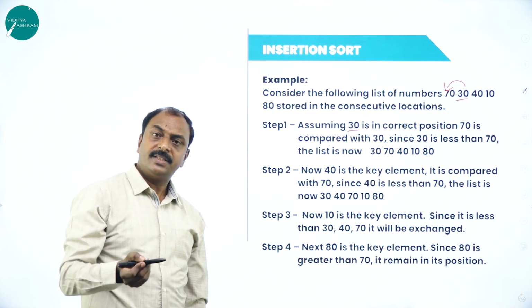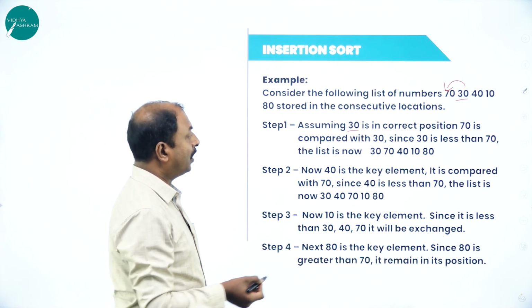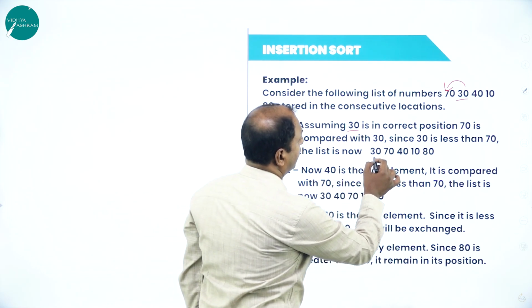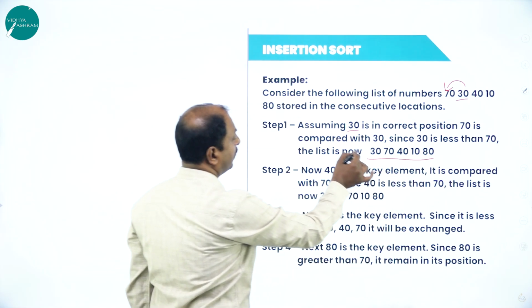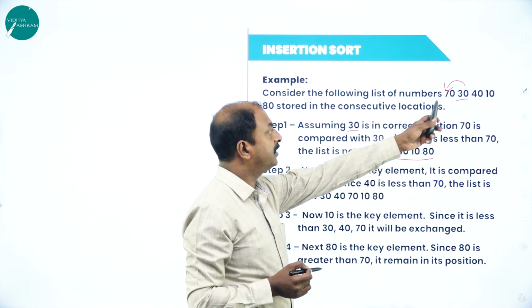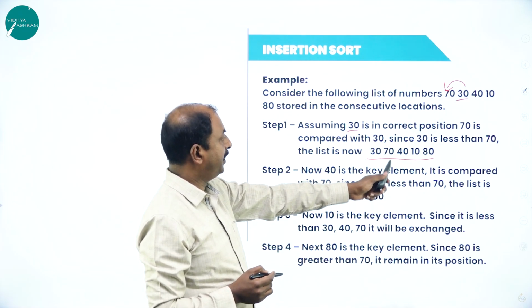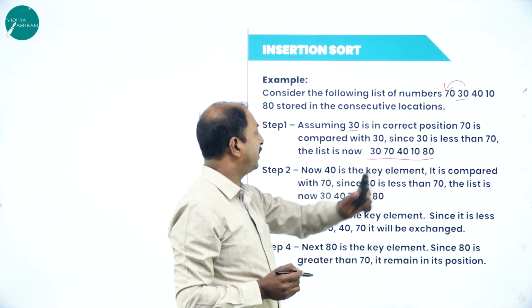Since 30 is less than 70, it has to be interchanged. So the array looks like this now. We have interchanged these values 30 and 70. Now 30, 70, 40, 10 and 80 are the elements.